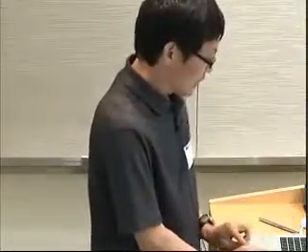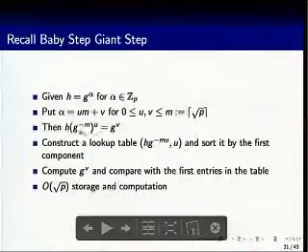So this equation becomes this, and then we construct a lookup table for the left-hand entries, and sort it by the first component, and then compute g to the b and compare with the first entries in the table, which requires square root of p computation.